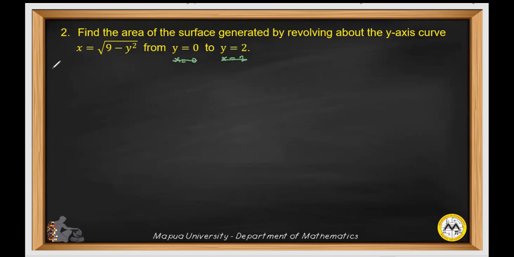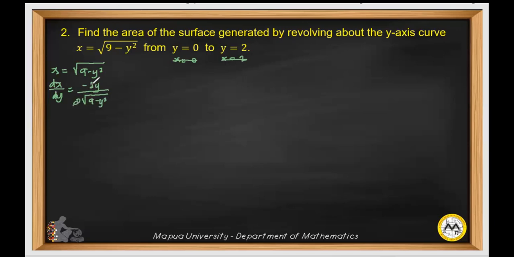So we have to consider x equals the square root of 9 minus y squared. We have x as a function of y. Hence, if we get the derivative of x with respect to y, by the power formula, we have the derivative of 9 minus y squared, which is negative 2y, over 2 times the square root of 9 minus y squared.